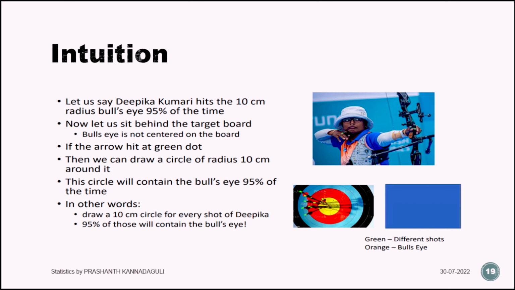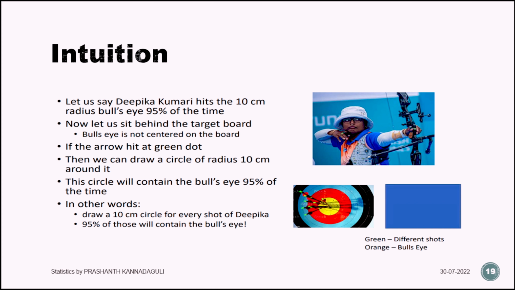Within that, she will hit 95% of the time. Let us assume that if she fires 100 times, 95 times the arrow is going to hit this region. Hope the point is clear: wherever she is supposed to hit, she will hit 95% of the time.